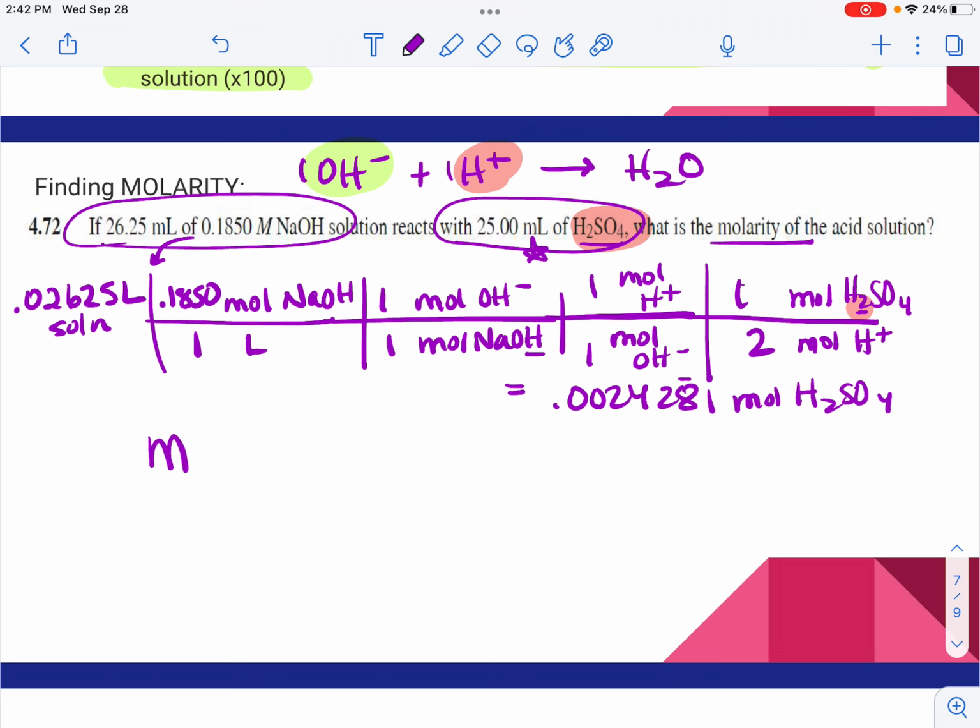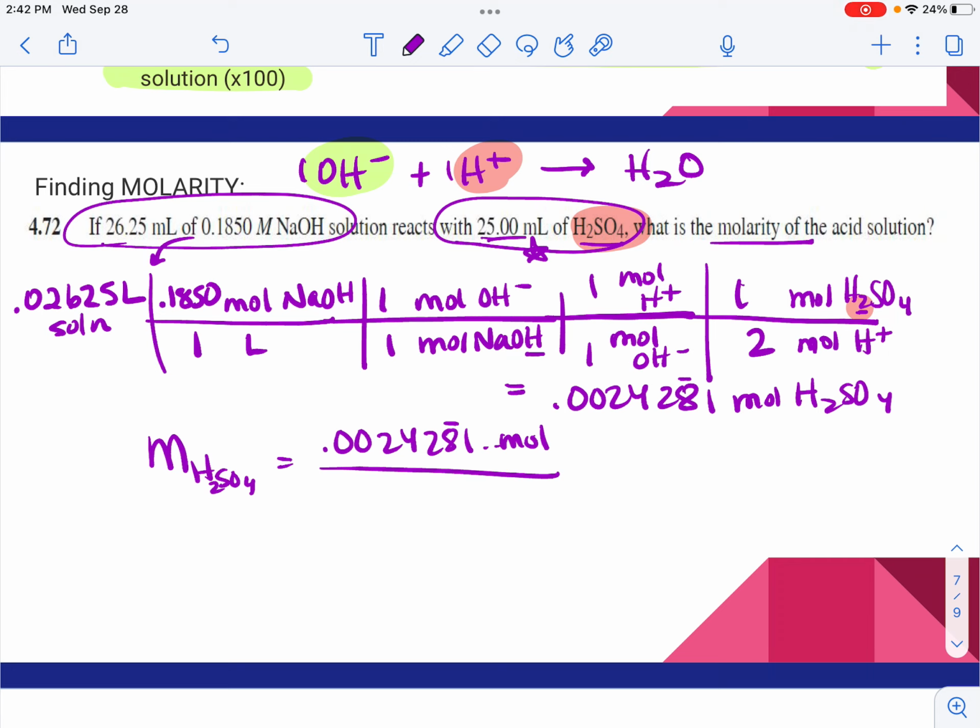So if I want molarity of H2SO4, I'm going to do moles of H2SO4, 0.0024281. I'm just going to carry it in my calculator, but remember that I have 4 significant figures, moles, divided by my original 25 milliliters of solution, not a combined volume.